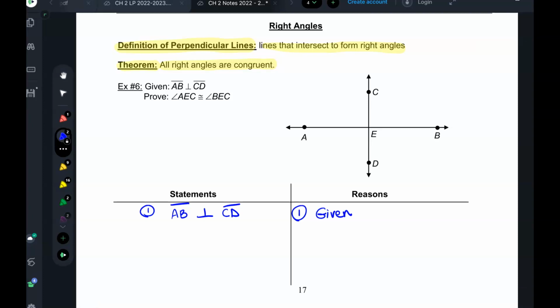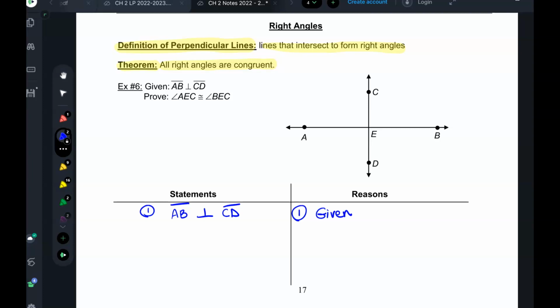Okay, so what's the definition of perpendicular lines? Okay, now what am I trying to prove? That angle AEC is congruent to angle BEC. I could list all 4 of these angles as right angles, but I really just need to state these 2.